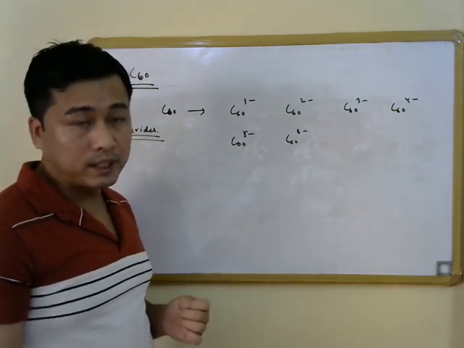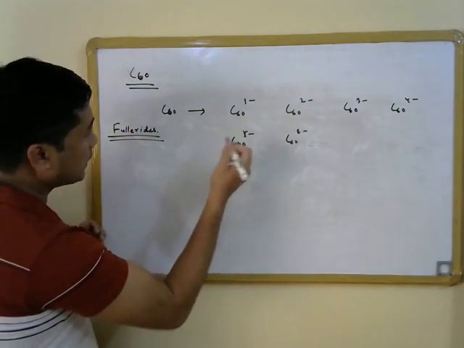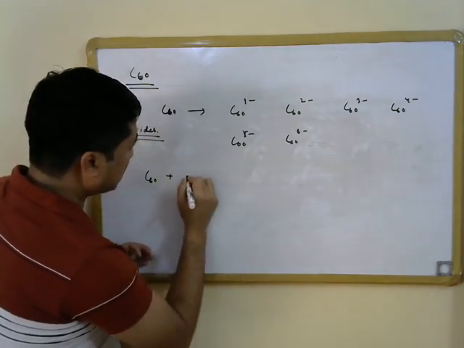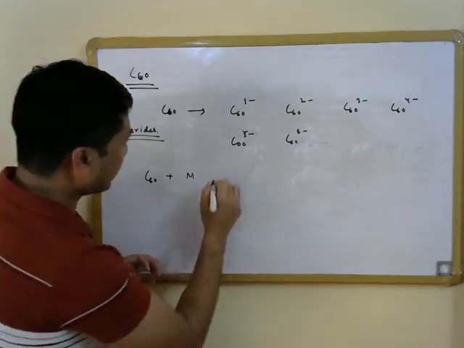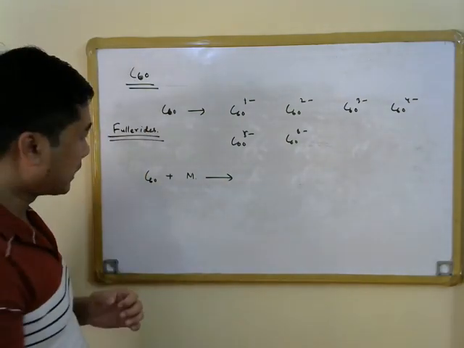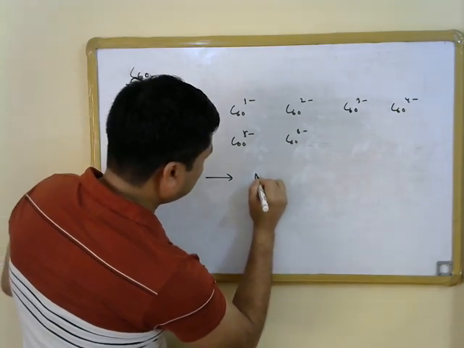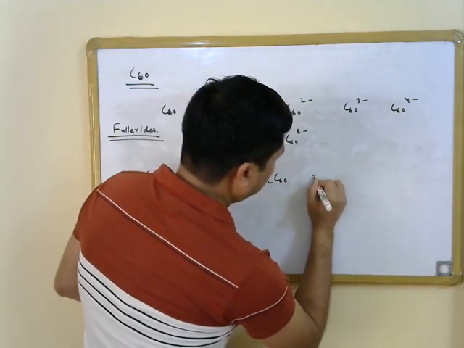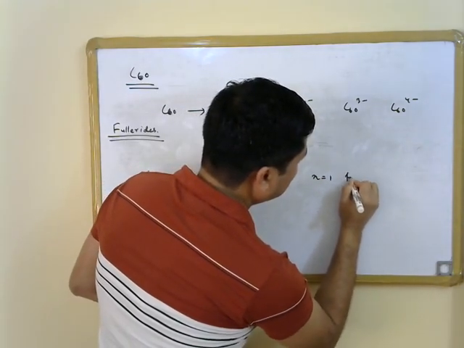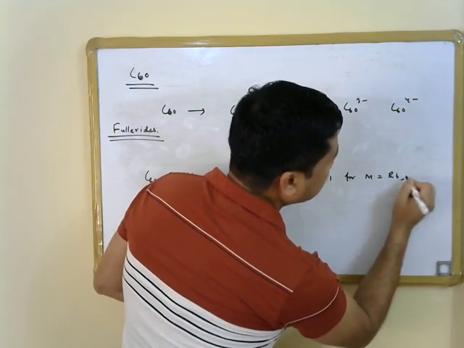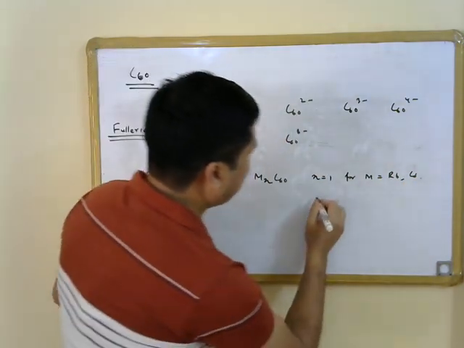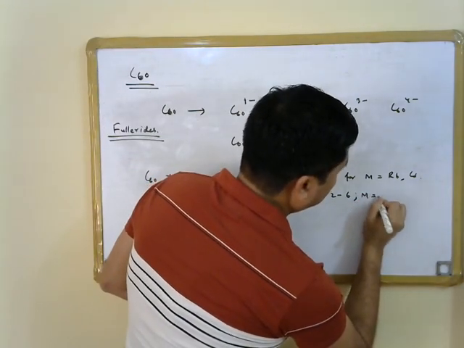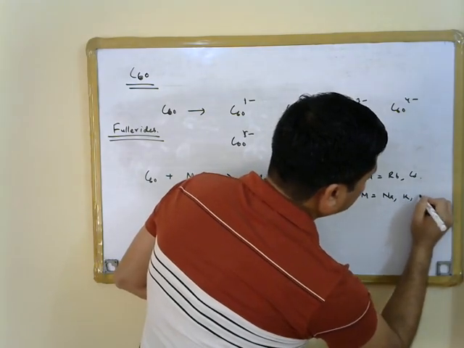When we treat C60 with, say, alkali metals, we can reduce C60 into MnC60, where n is equal to 1 for rubidium and cesium, but n can be anything between 2 to 6 for sodium, potassium, rubidium, and cesium.